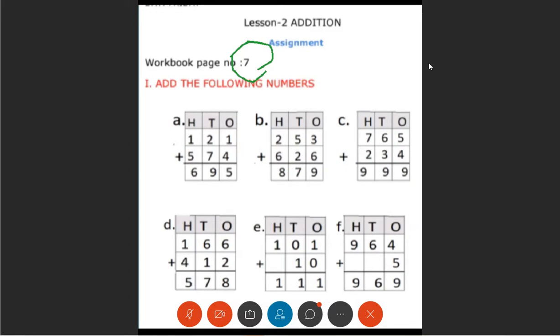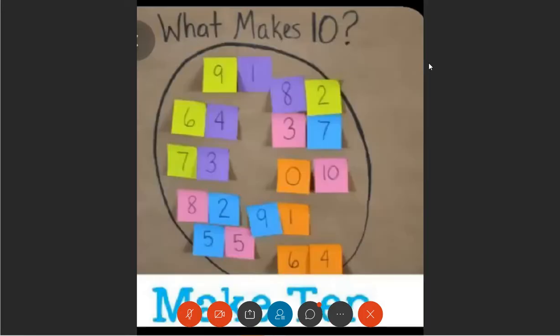Okay, children. Now I am going to tell you about one more interesting thing that you have to do. Let's see what that is. Yes, children. This is the activity, this week's activity. What makes 10?